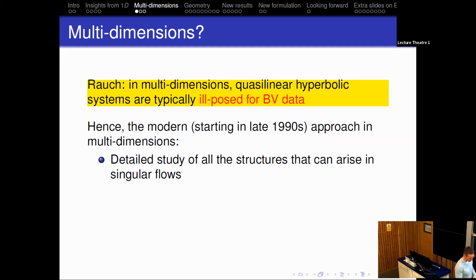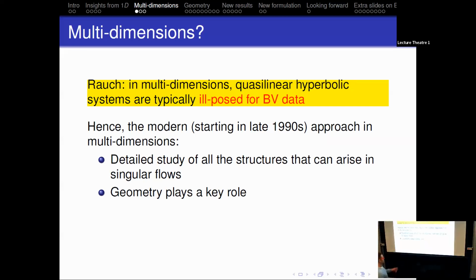So instead of trying to bury the difficulties in the function spaces, people are really zooming in on all of the different structures that can arise. And geometry certainly plays a big role in 1D analysis, a la the method of characteristics, but it seems to play an even more fundamental role in multi-dimensions.